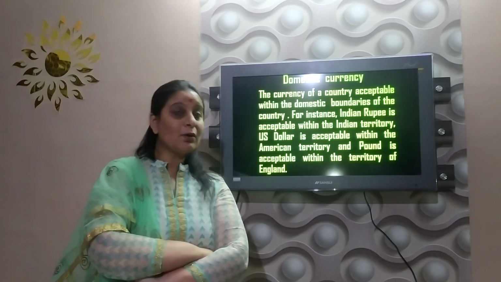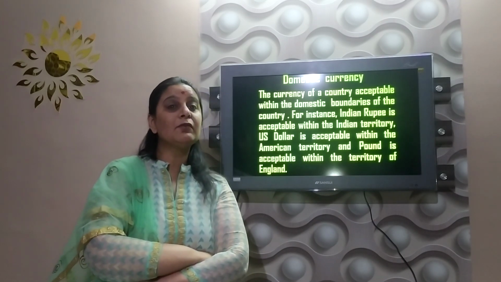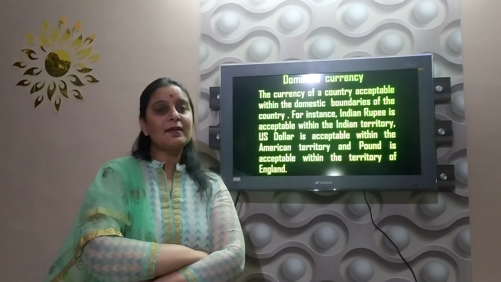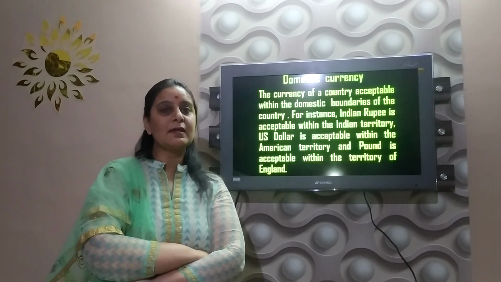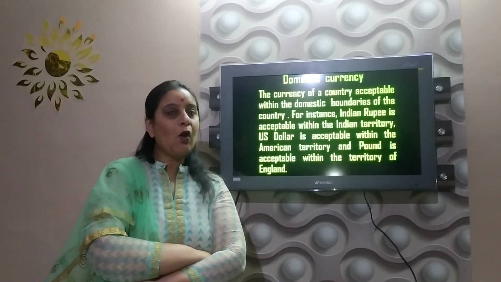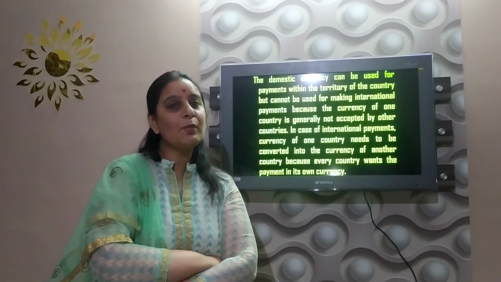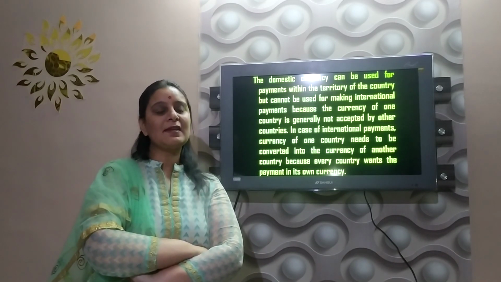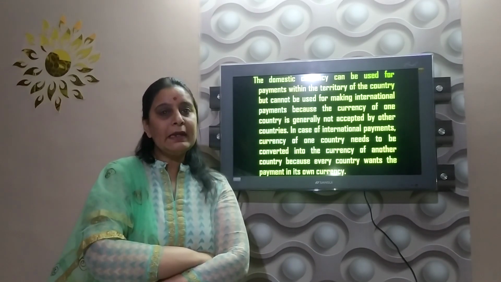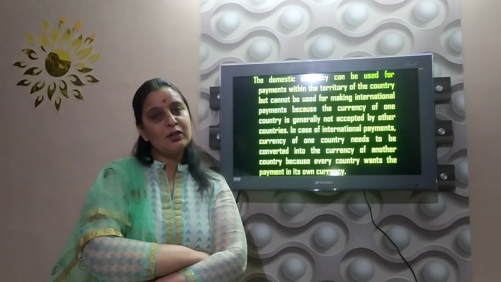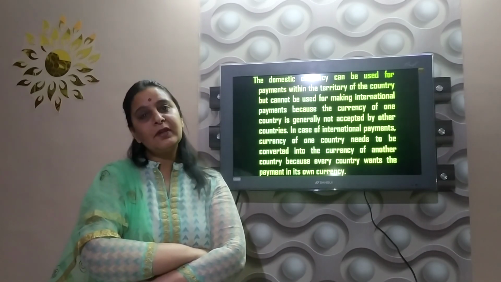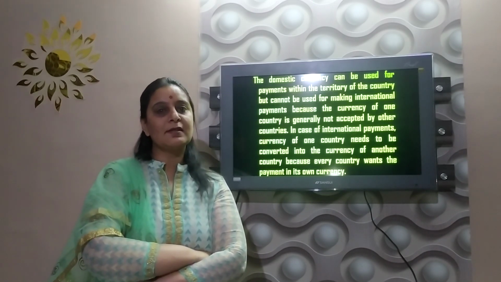Now, before I tell you how the conversion is done, first let us understand what is foreign currency. Every currency of the world except the domestic currency is the foreign currency. For example, Indian rupee is the domestic currency of India, but for every other nation it is foreign currency.